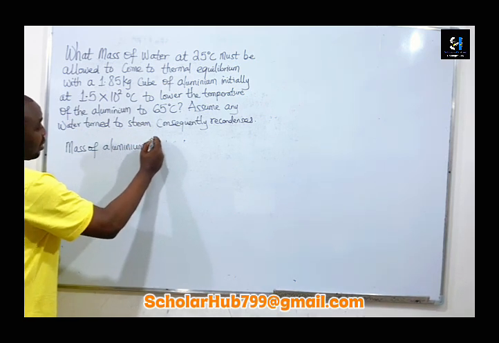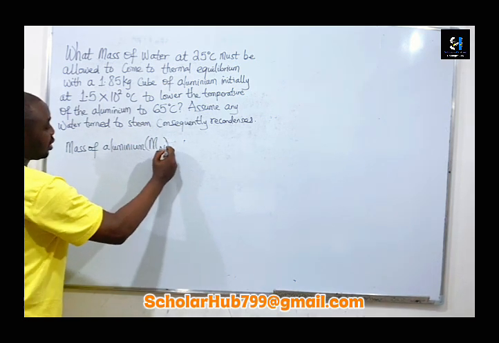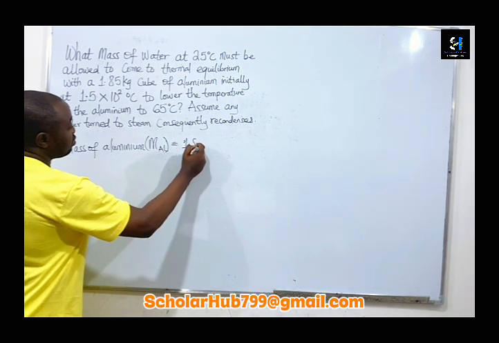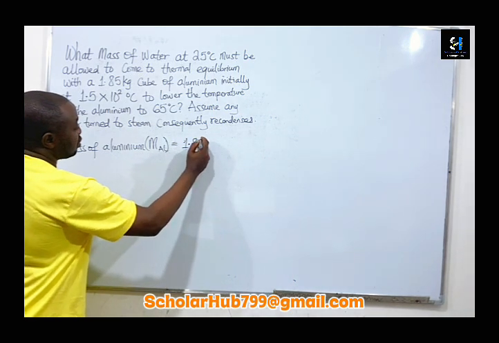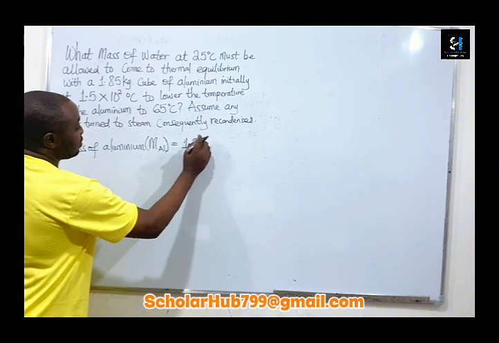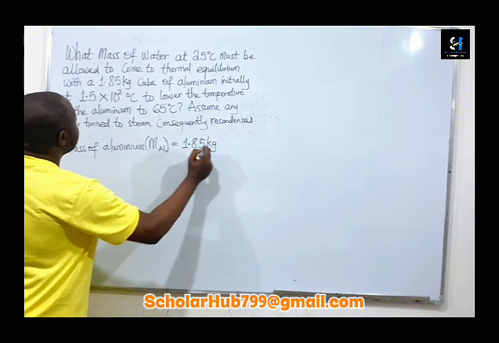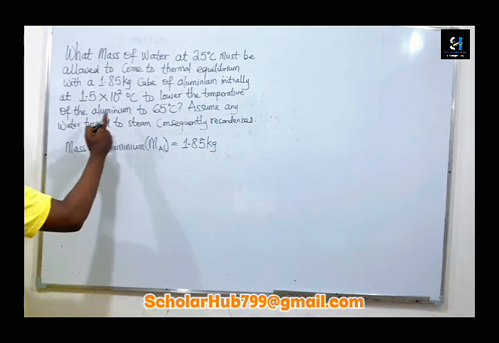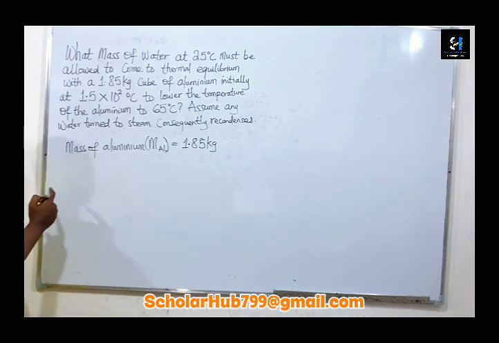Mass of aluminium is equal to 1.85 kilogram, initially at 1.5 times 10 to the power of 2 degrees Celsius.